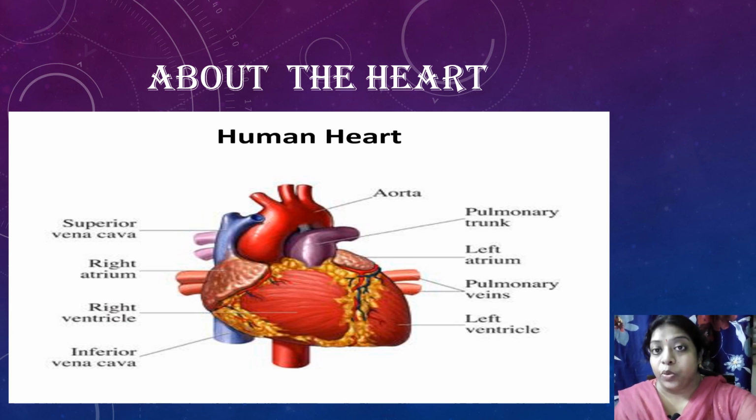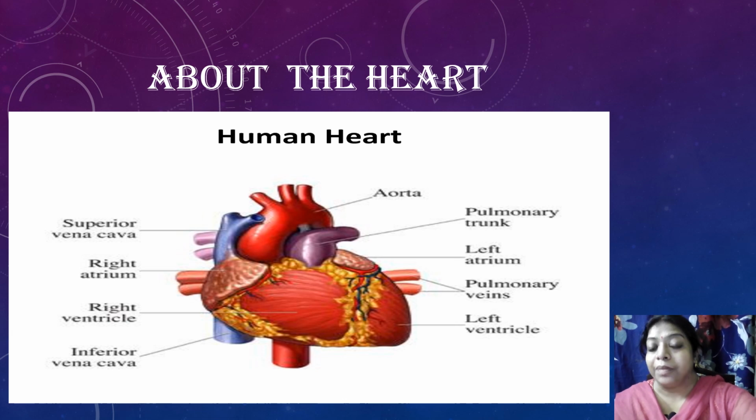Okay. Next one, let's look into the heart structure. The heart is designed in a beautiful and unique way. It consists of many components, especially many chambers, many blood vessels, many capillaries, and of course the arteries and veins that pass through and help in the process of the circulatory system.